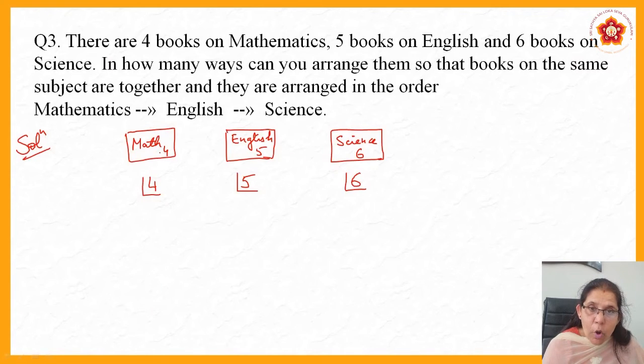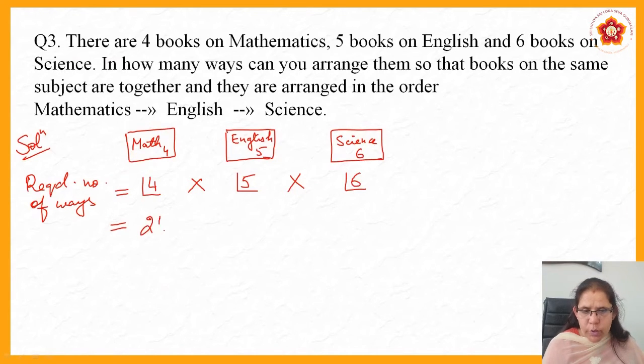We cannot change the order, so the sequence will remain the same. And what is the total number of ways in which the books can be arranged? It will be factorial 4 into factorial 5 into factorial 6.